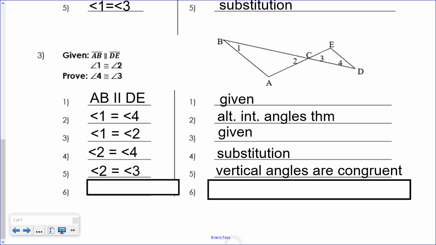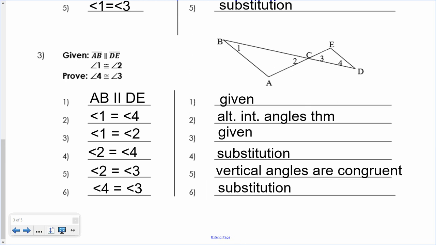Notice that I'm trying to get to 4 being congruent to 3. So how would I do that? If 2 is equal to 4 and 2 is equal to 3, if they're both equal to the same thing, they must be equal to each other. That is the substitution or transitive property. Alright?